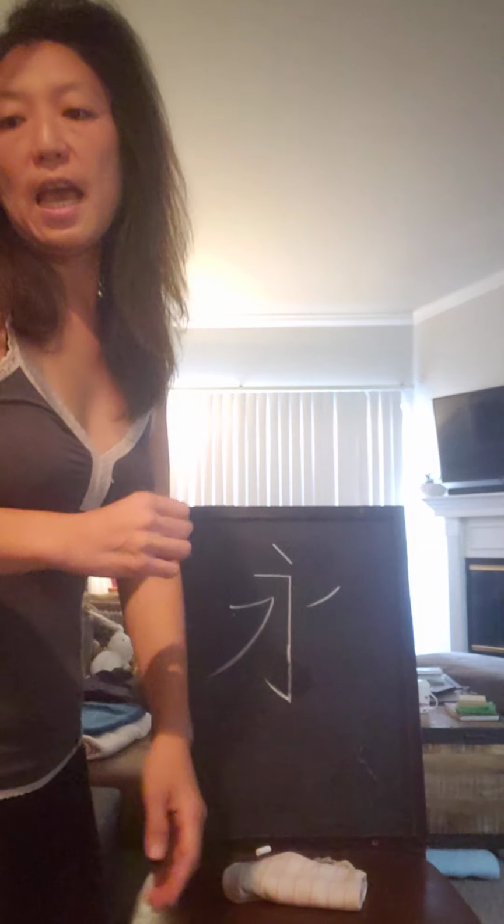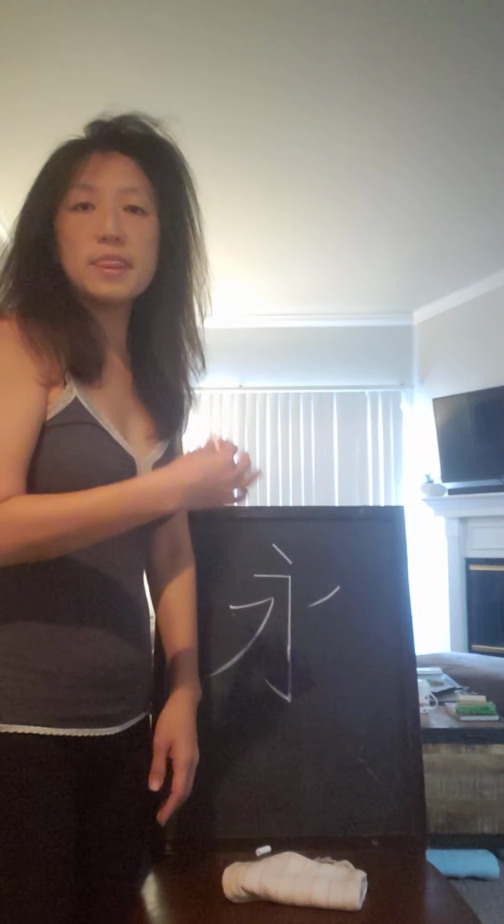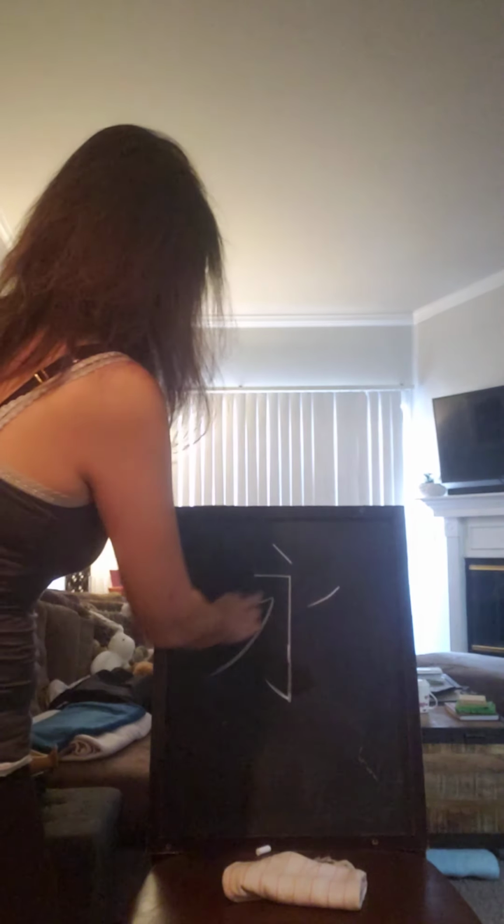And then the next one is called 长撇, which is a long stroke that goes this way. The next one is 短撇, which is a short stroke, similar to this, but a short one. And last but not least, it's called 捺. 捺 is the opposite of this one, it goes this way.